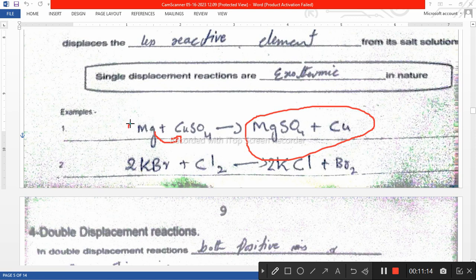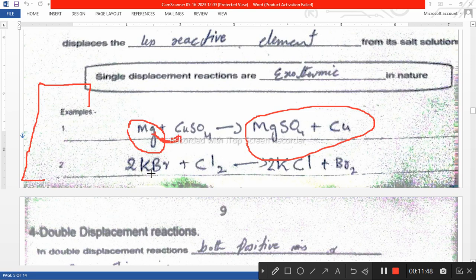To find or remember what the most reactive metal is, we have to learn a reactivity series, and we will discuss this reactivity series and its role in chemistry thoroughly in the chapter on metals. Right now, magnesium displaces the copper because magnesium is more reactive than copper. So it is single displacement.